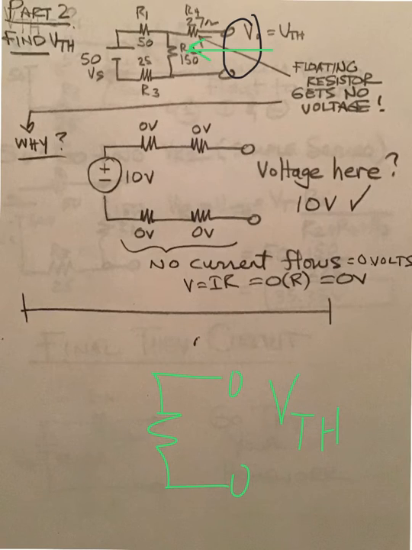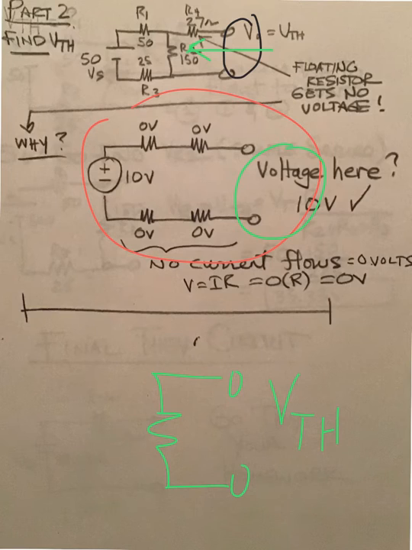Well, let me ask you this. Take a look at the circuit in red. If I told you that you had a 10-volt battery and 4 resistors, which never connected to a complete circuit, what would the voltage out here be? And I hope that your answer is the battery floats to the gap.